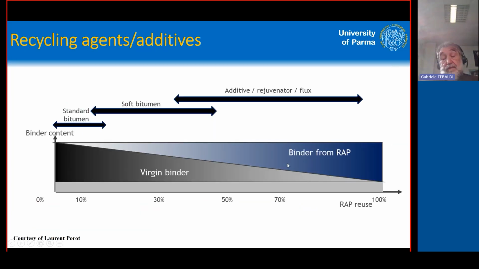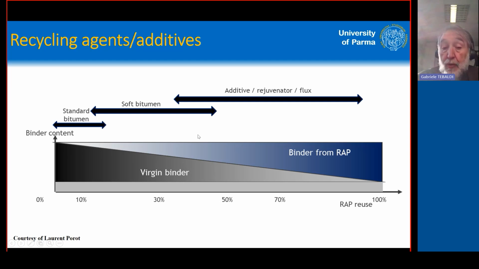Recycling agent is a broad word. Of course, the characteristics of a recycling agent change as a function of the amount of bitumen that we have to treat, or basically as a function of the amount of RAP that we have in our mixture. If we stay very low, around 20% or something like that, we can, but we are not obliged to consider the RAP so much, and we can work with the standard bitumen.